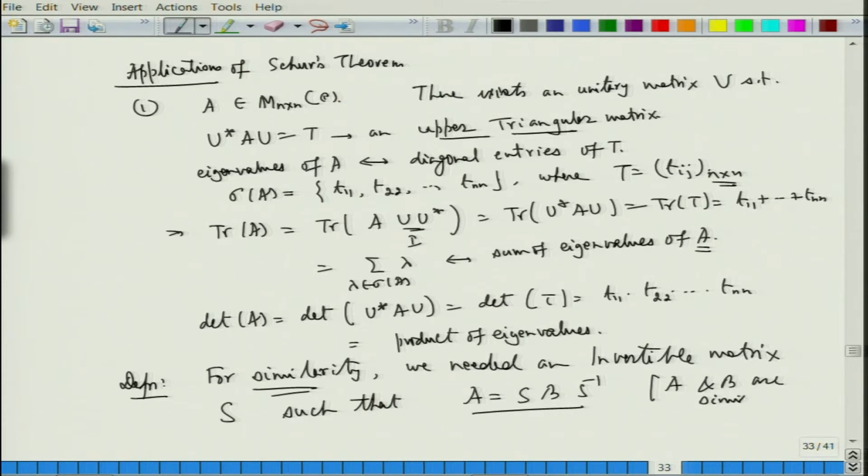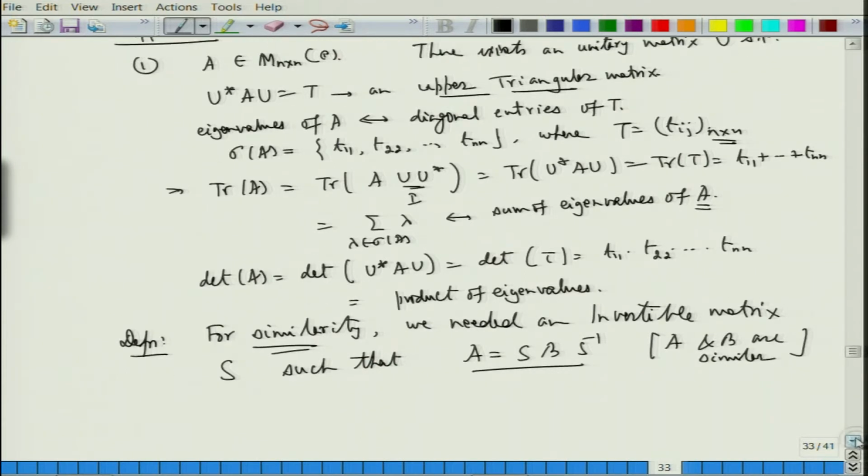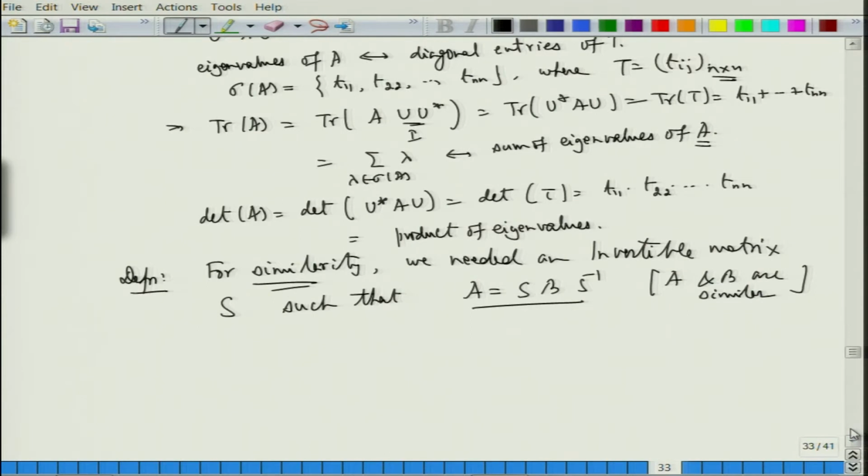At no place did we say that we need unitary. We just needed similarity, meaning an invertible matrix S. S invertible, that's all we needed.